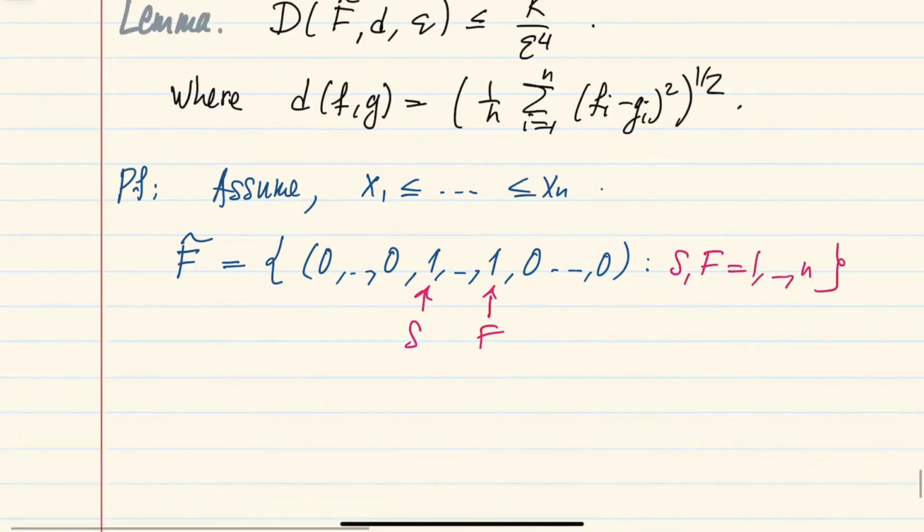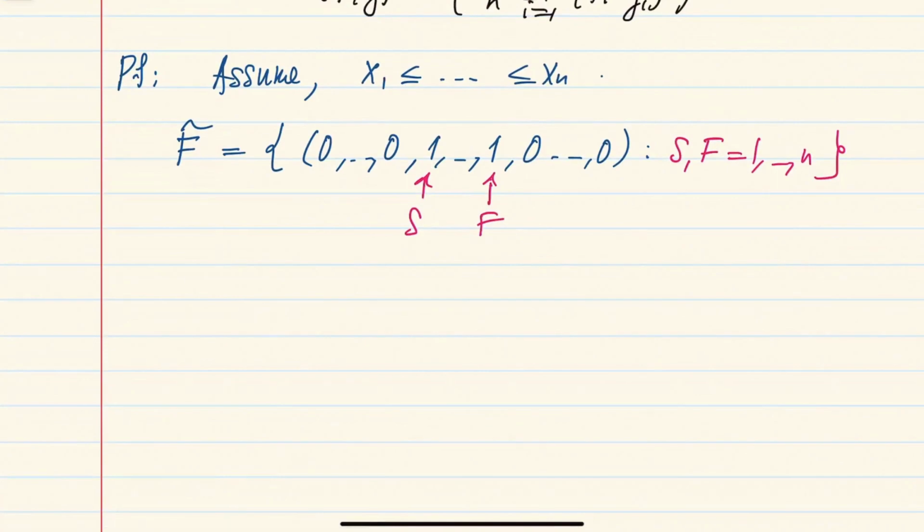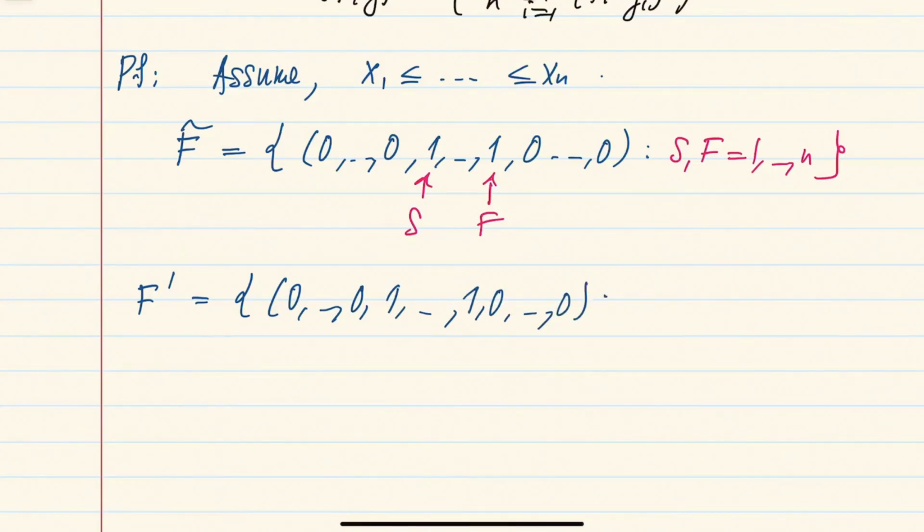All right, now we are going to simply discretize. So given epsilon, let's consider another set, let's call it F prime, of vectors of the same form, with consecutive ones somewhere in the middle. But in this case, the starting point and the finish point of this sequence of ones will not be any index from 1 to n, but indices proportional to epsilon.